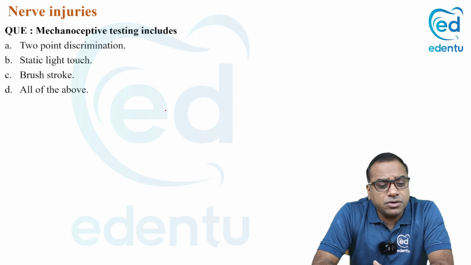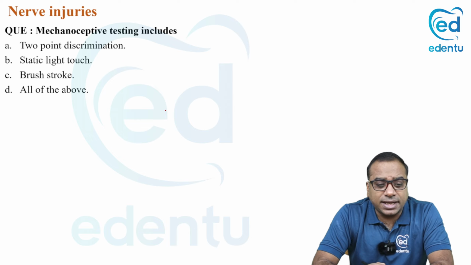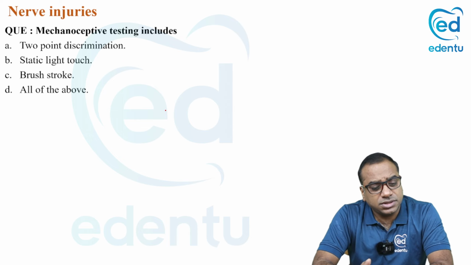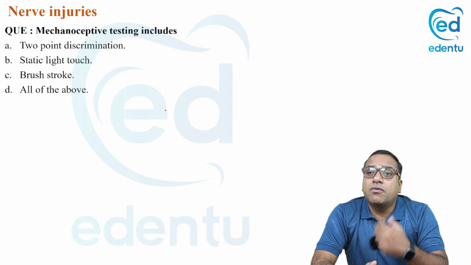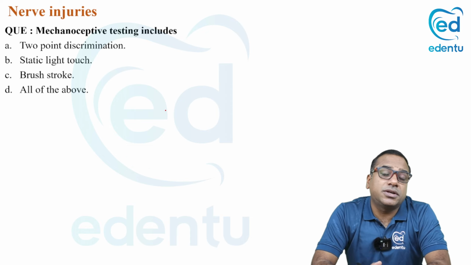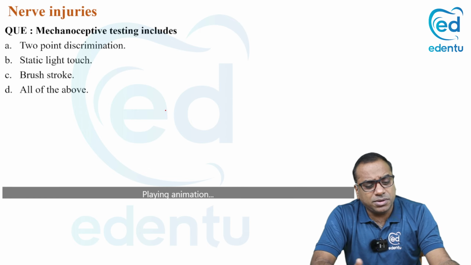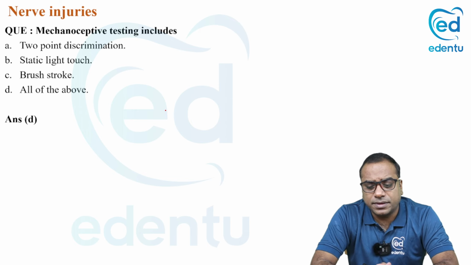So mechanoceptive testing includes two point discrimination, yes, static light touch, yes, and brush stroke, also yes. And even vibrational senses, any vibrations are done, the patient needs to identify and tell. So the answer most probably is D, all of them are included.